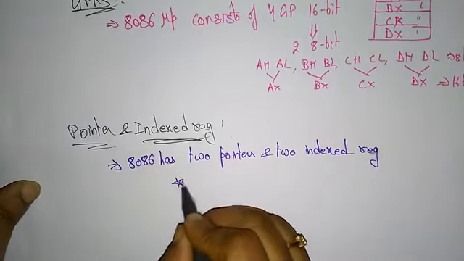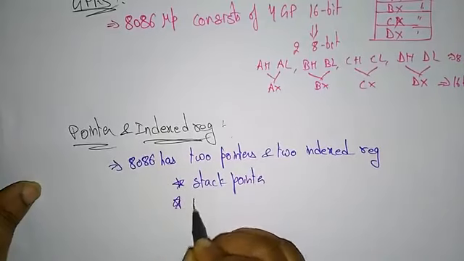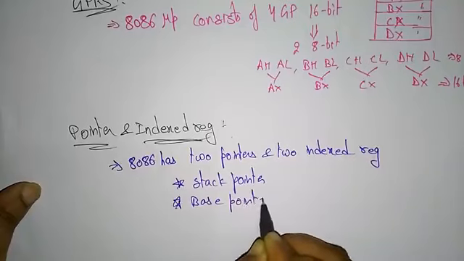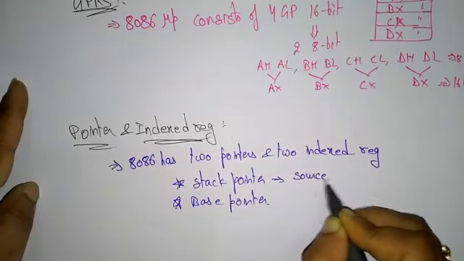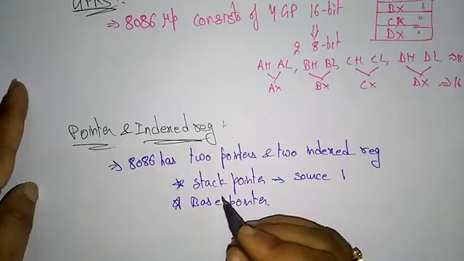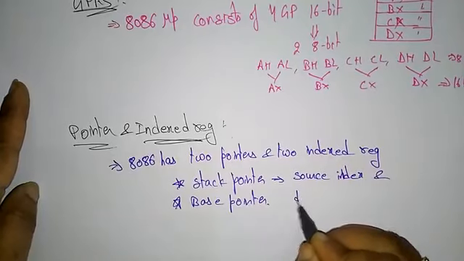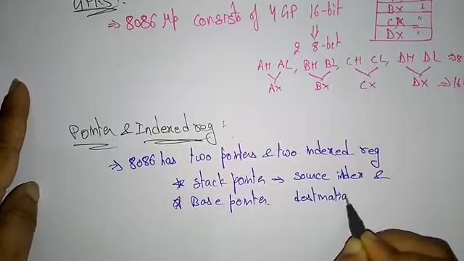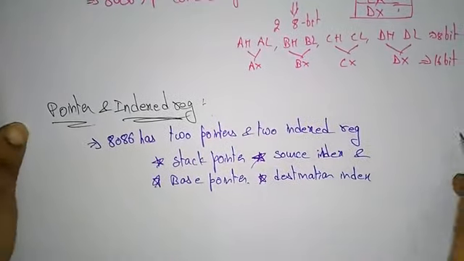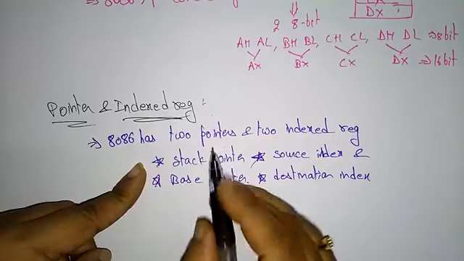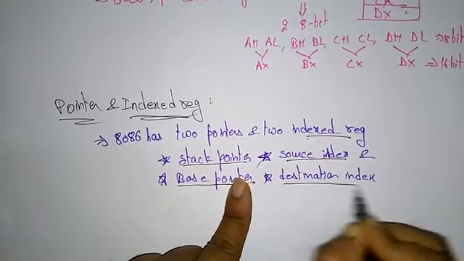The two pointer registers are the stack pointer and the base pointer, and the two index registers are the source index and destination index.